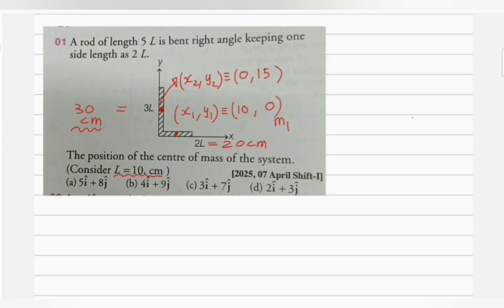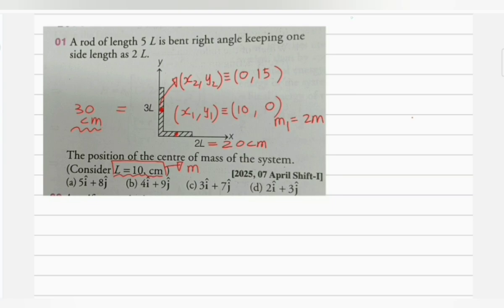Students, m1 आप मुझे बता सकते हैं कितना होगा? Can I say length is 10 centimeter? Let me assume for this length 10 centimeter, the mass is m. So can I say for this 20 centimeter mass will be 2m? Here I have to assume that linear density is constant for the rod.